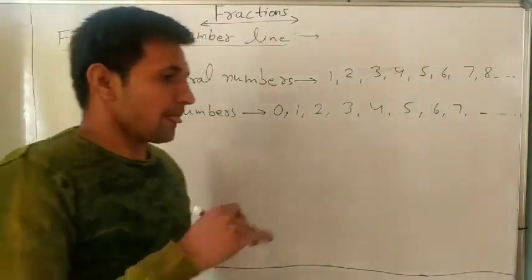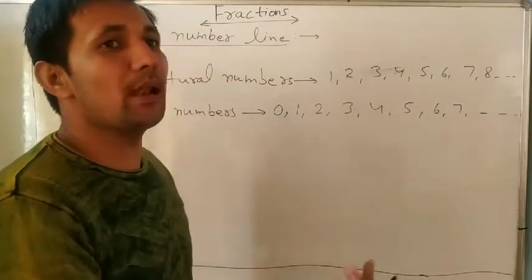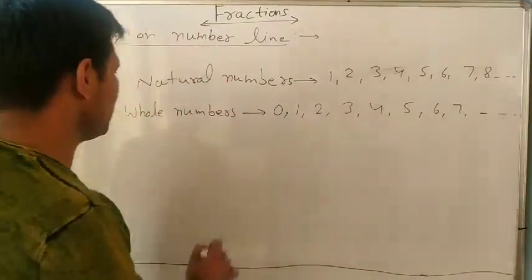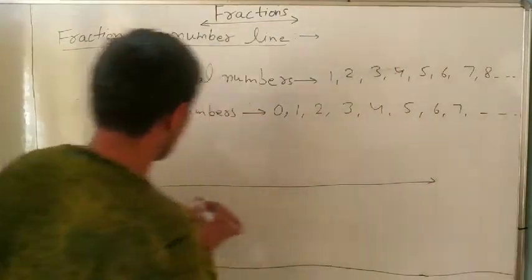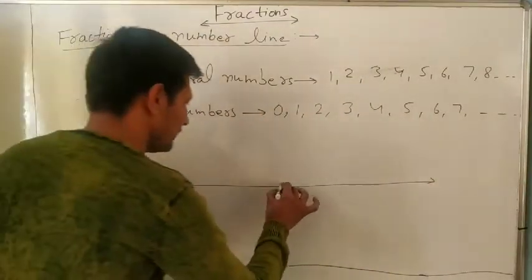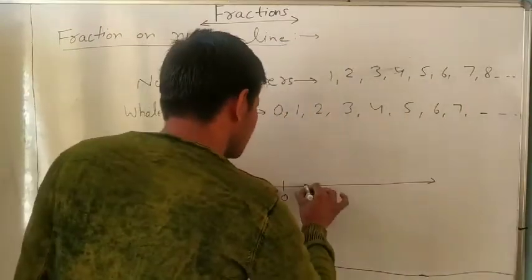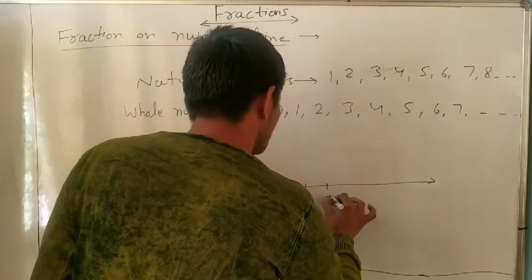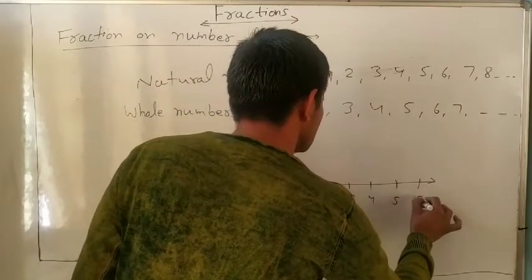First, in 5th class, we already learned how to represent natural numbers or whole numbers on a number line. Suppose it is a number line, everyone knows? It is a line, okay? And everyone knows this is 0. Right side is positive numbers: 1, 2, 3, 4, 5, 6.